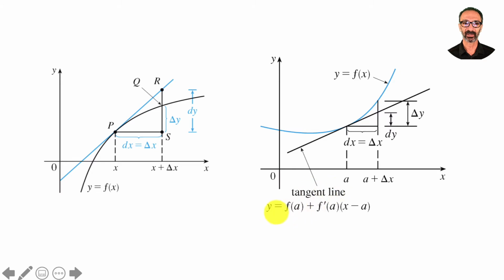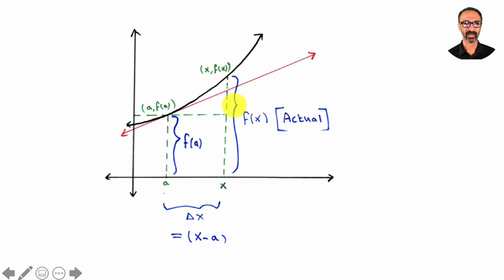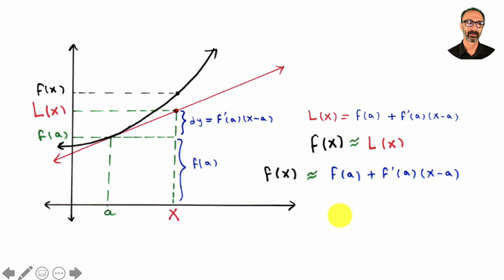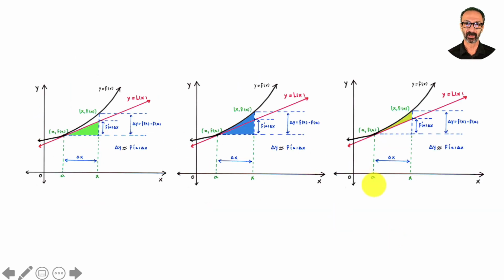Notice the tangent line looks like ours in 3D. Same concept. This would be actual. This would be approximate, which has two pieces, and that's why it's like the start and some more. They used L of x in Calculus 1, and we're using L also, but L of x and y. This is from Calculus 1, just to give you an idea.